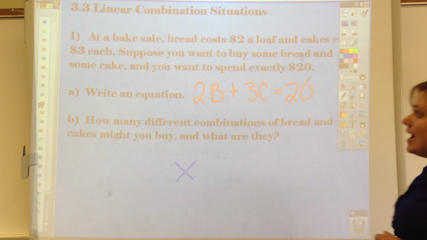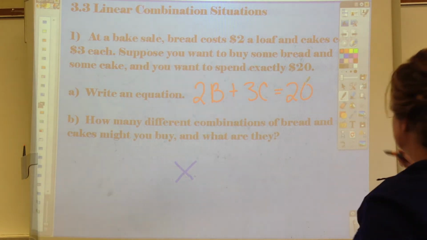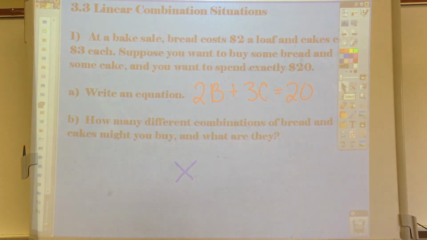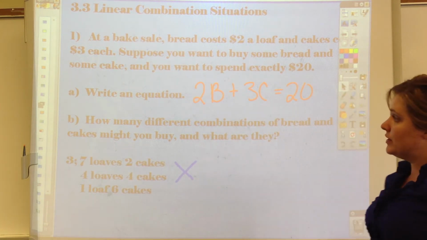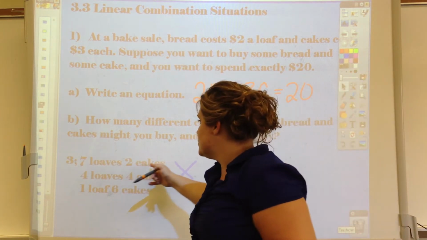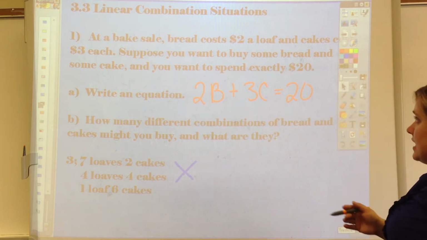$20. I'd like you to plug in some points and find out how many different combinations of breads and cakes you might buy and what they are. I'll give you a hint, there's a total of 3 combinations. Alright, let's see if we got those right. You have 3 combinations: 7 loaves, 2 cakes; 4 loaves, 4 cakes; and 1 loaf, 6 cakes.